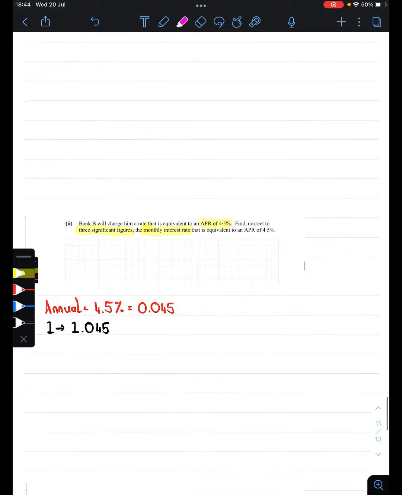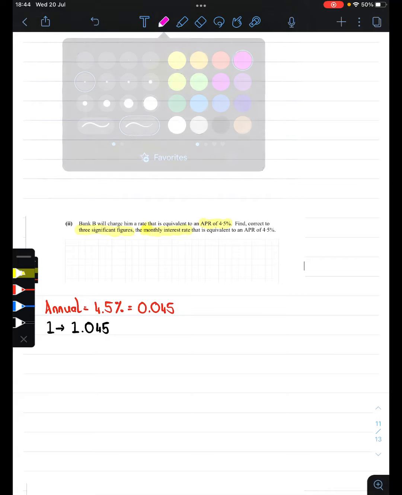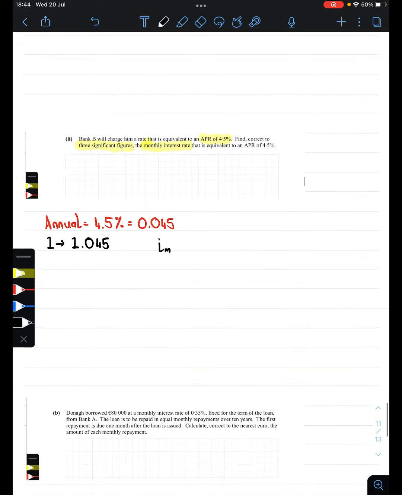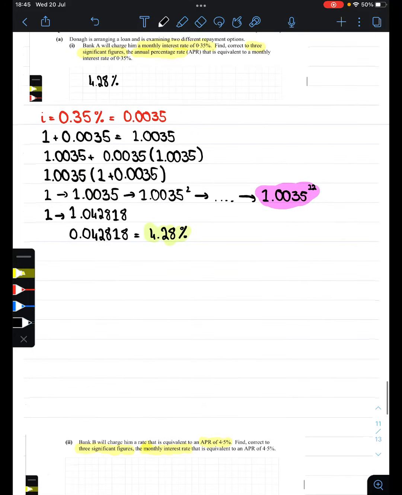So let's call our monthly interest IM. Then 1 plus IM to the power of 12 gives us our yearly. That's what we did in the first part, where 1 plus our monthly, 0.0035, to the power of 12 gives us our yearly.